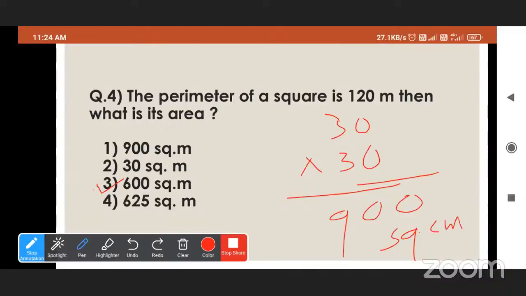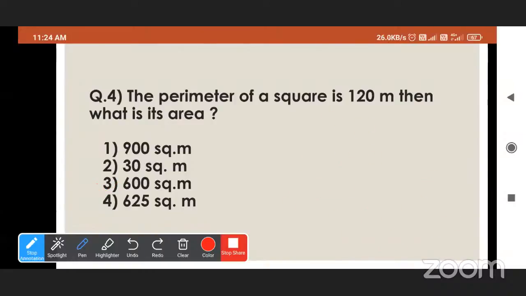I got 600, but if we multiply 3 by 3, we get 9, not 6. So 900 square meters is correct. Okay, good. So the first one is correct. Good.